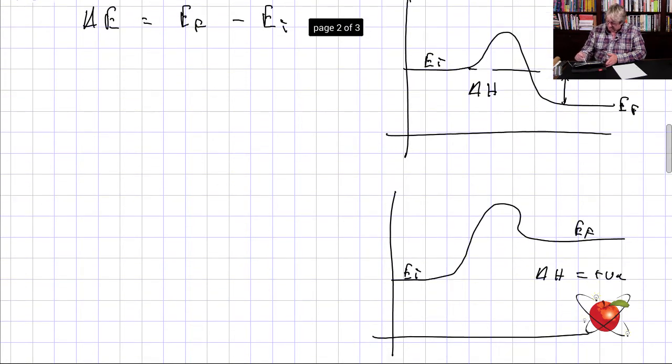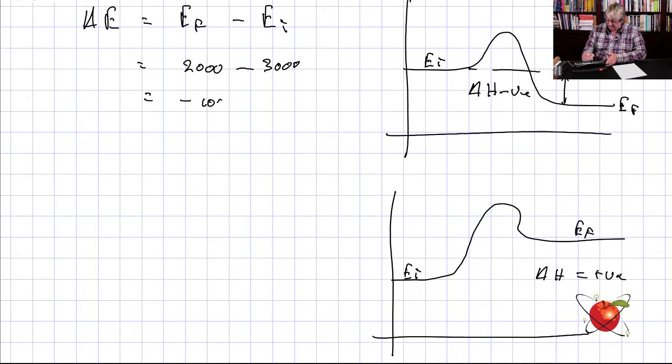Delta H is going to be negative here, isn't it? For example, E final could be 2,000. E initial was higher, it's 3,000, right? So delta E was minus 1,000. Can you see how it has dropped down? And over here, delta E is going to be equal to E final minus E initial. E final in this case was higher. So delta E is going to be positive.